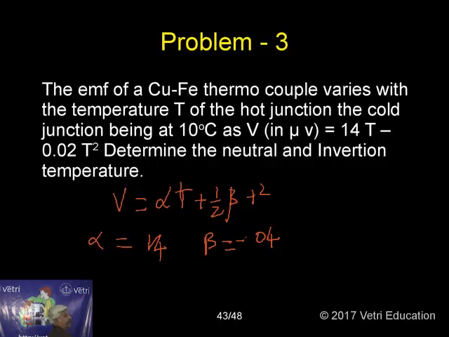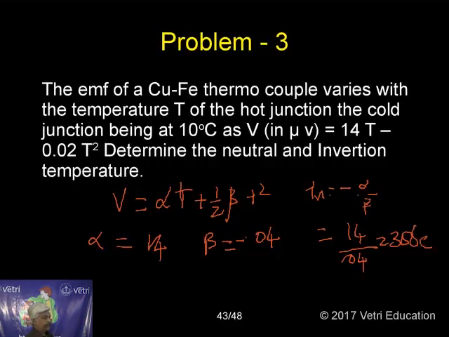Then the neutral temperature, I have given the formula, is minus alpha by beta. That is equal to 14 by 0.04, that is 14 divided by 4, which is equal to 350 degrees centigrade.